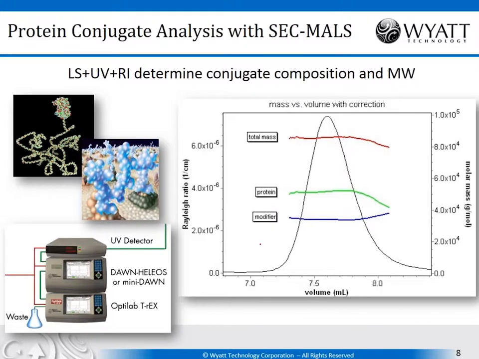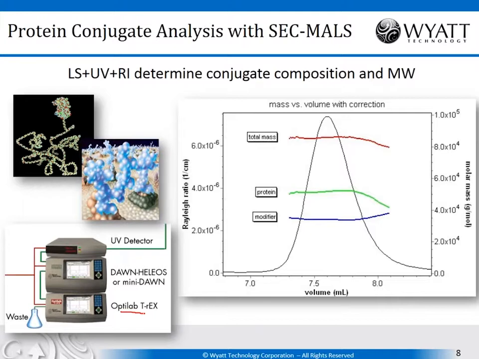Okay. And I mentioned that we can analyze protein conjugates as well using the triple detector system. So for glycoproteins and pegylated proteins, other types of modified proteins, we use 3 detectors. To analyze the concentration, we'll use a UV detector, which will typically be sensitive just to the protein content, and the refractive index detector, that's the Optolab, which will be sensitive to both types of materials.